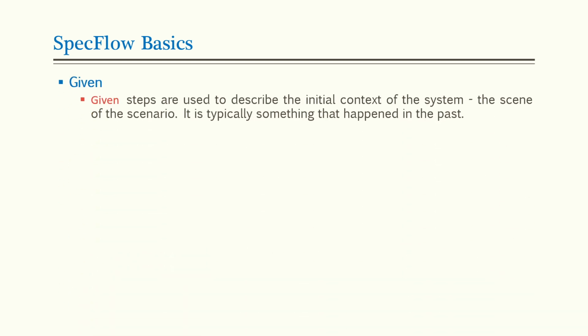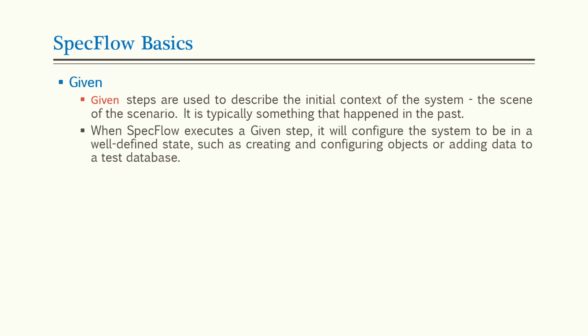Next, given. Given steps are used to describe the initial context of the system, the scene of the scenario. It is typically something that happened in the past. When SpecFlow executes a given step, it will configure the system to be in a well-defined state, such as creating and configuring objects, or adding data to a test database.